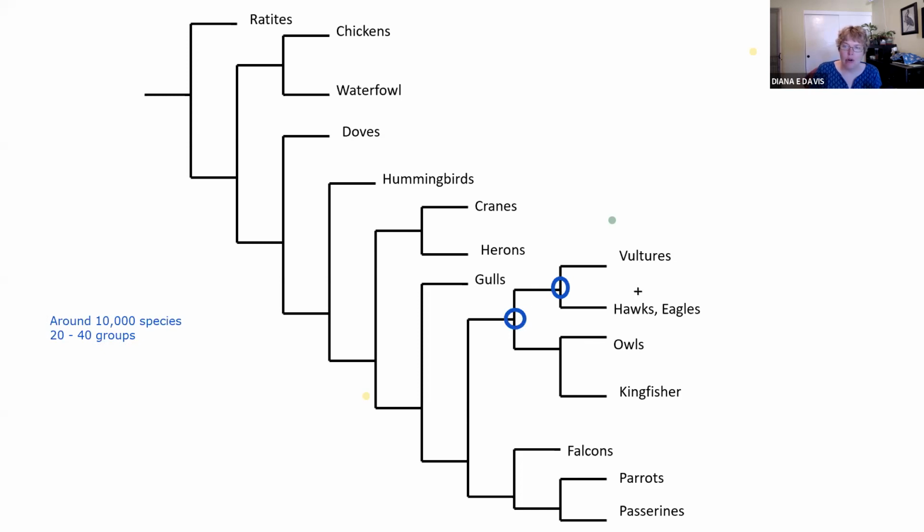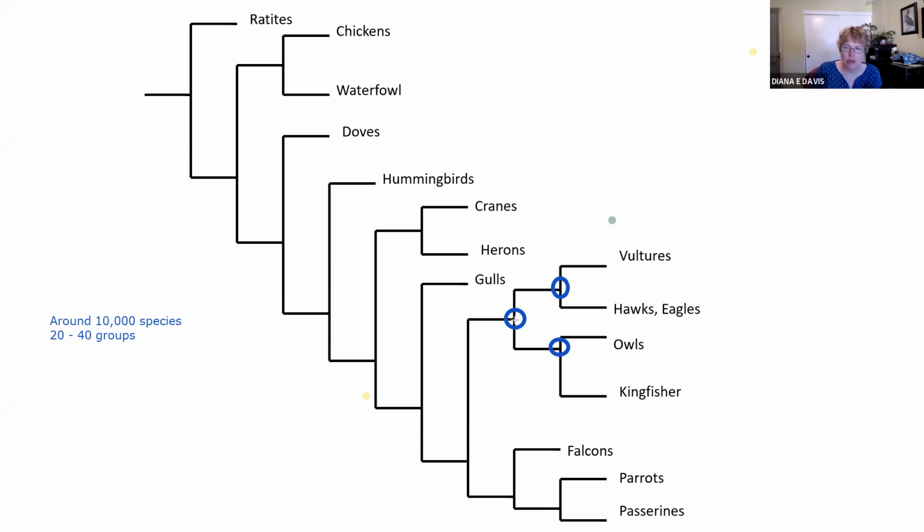So we know that owls and kingfishers are less related to vultures and hawks than they are to each other because they have a common ancestor much closer to them. And owls are more closely related to vultures than they are to, say, passerine birds, because you'd have to go back and count more nodes in between there.